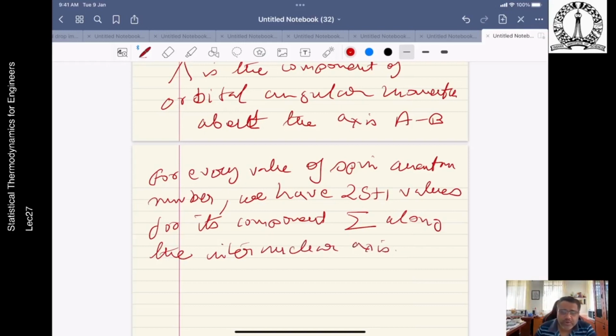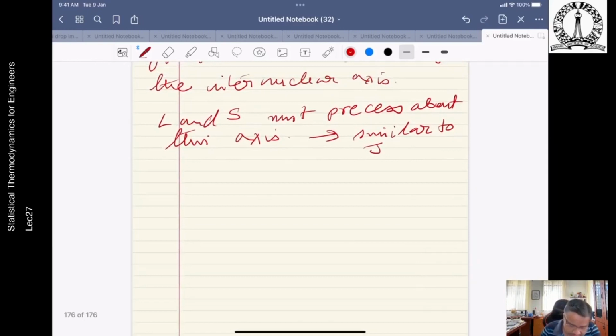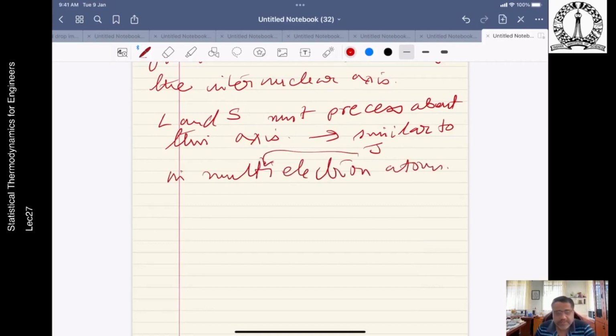We recognize that L and S must precess about this axis, similar to J in multi-electron atoms. L and S precess about the internuclear axis.